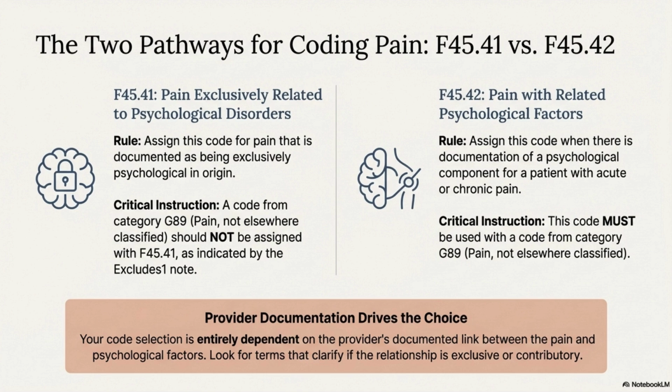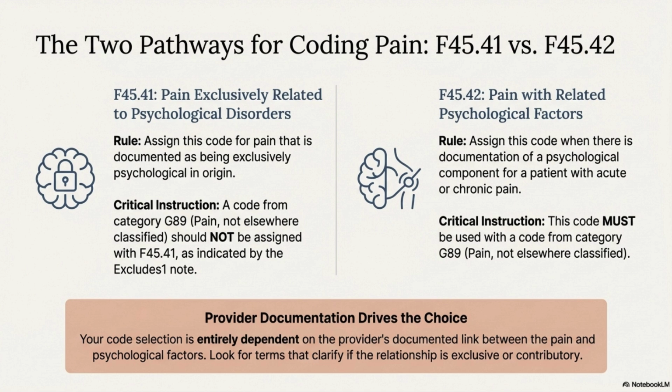These mental states can amplify or dampen pain signals through brain pathways, sometimes worsening pain even when there's no clear tissue injury. This is where the mind-body connection becomes very important. Understanding the difference between pain that is purely psychological and pain that is physically based but psychologically influenced is the key to choosing the correct code.